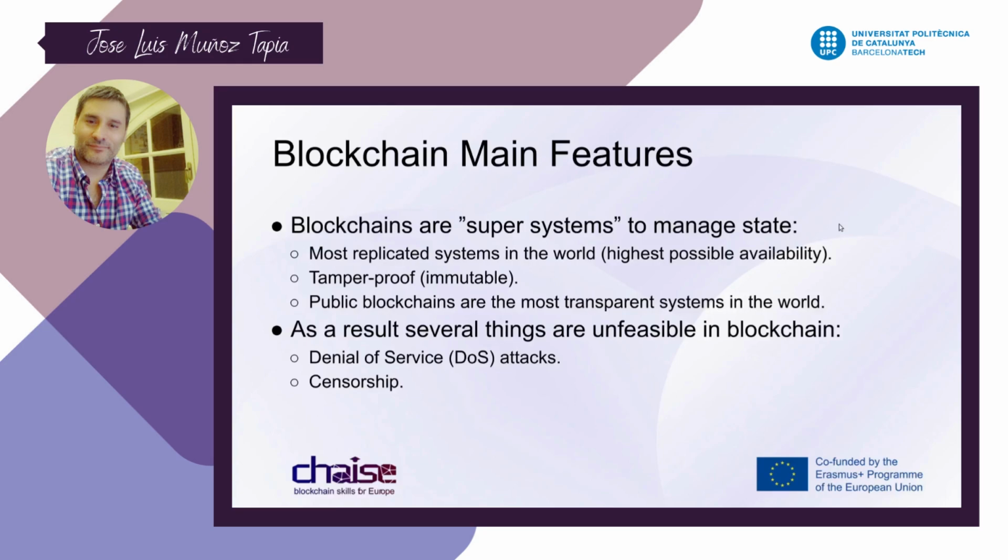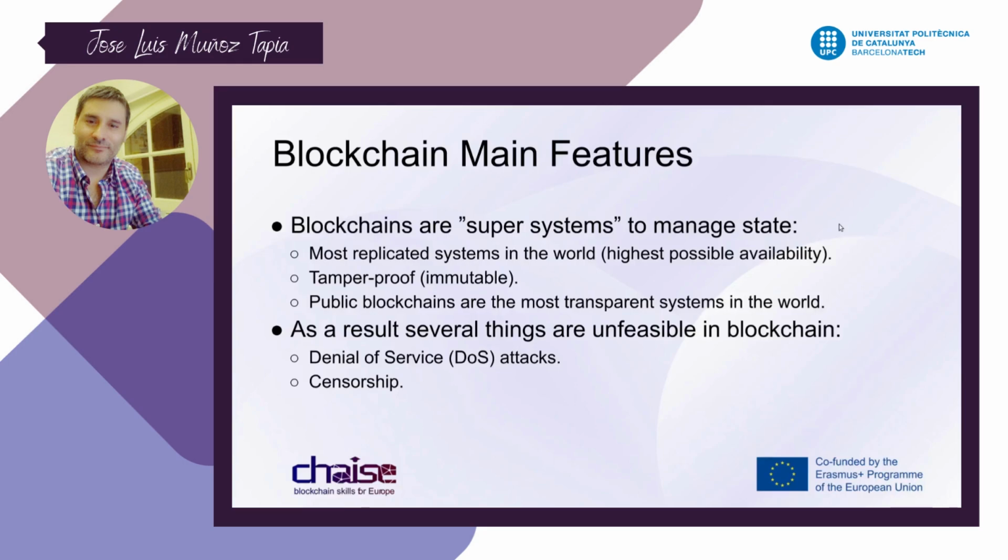It is tamper proof, meaning we cannot change past events. And public blockchains, the ones with public networks, are the most transparent systems in the world, meaning that when something happens there, it is seen by everybody.